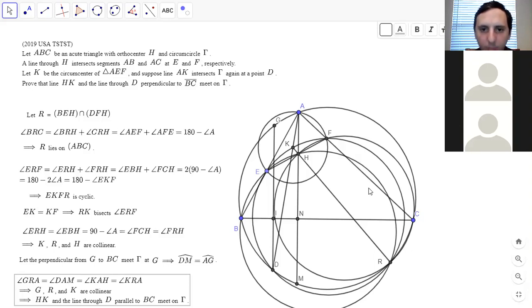So that's probably an angle chase. Yeah, so basically this whole calculation right here also shows that KE is tangent to BEH. So I'll just write that here.